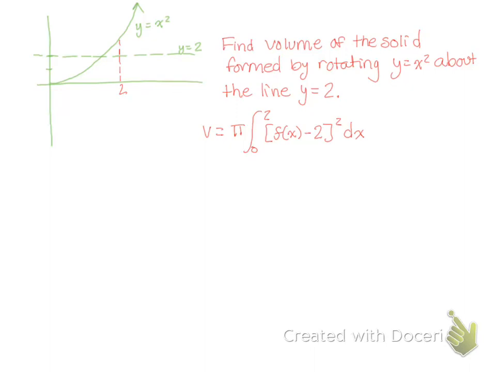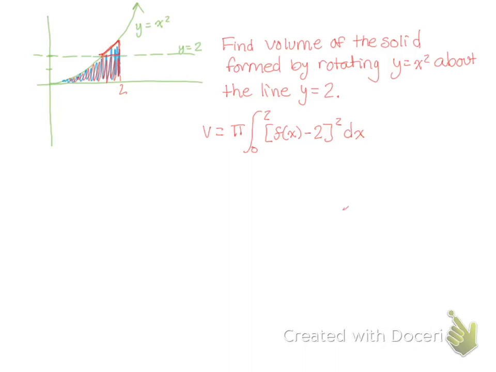If we are looking at the area underneath the curve of f of x, so we're looking at this area here, and then we're rotating it about this line y equals 2, so we actually have to subtract this area. So all we're really doing is rotating this little chunk around that line there.